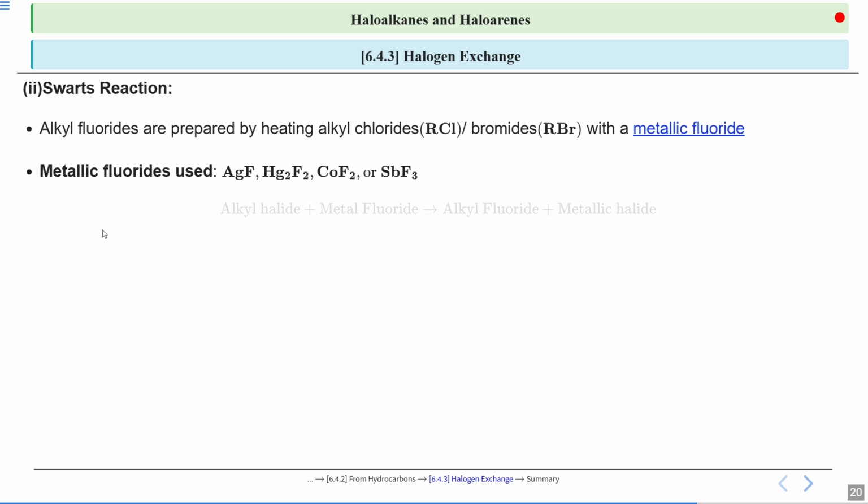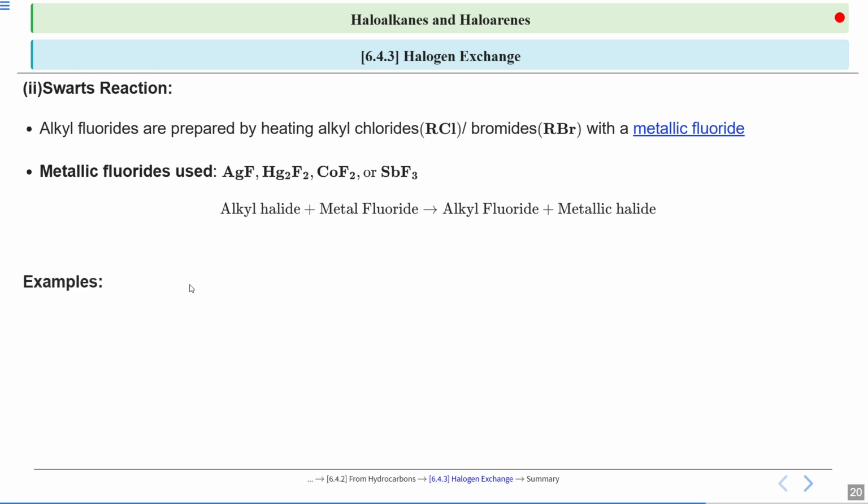You take any alkyl chloride or alkyl bromide and react it with a metal fluoride, and you get the desired alkyl fluoride as your product, plus a metallic halide as your side product, because the fluorine attacks the alkyl group to give alkyl fluoride.